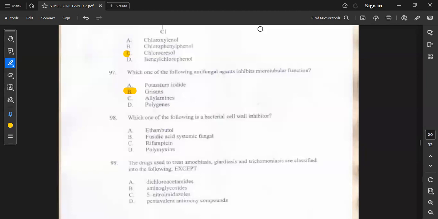In leishmania, it is used for drug-resistant Kala-Azar and mucocutaneous leishmaniasis. You can use amphotericin B also. They are available as intravenous injection and topical preparations.